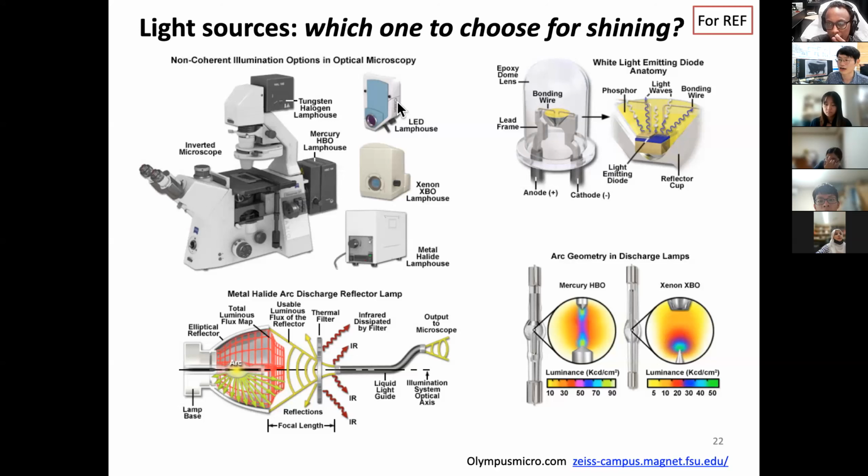The LED and xenon lamp don't have those, but the cool thing about metal halide is that, although it's more expensive, you see this nice flexible liquid guide, which makes your life much easier. I would say these days, even for LEDs that we designed, we also use a liquid guide.